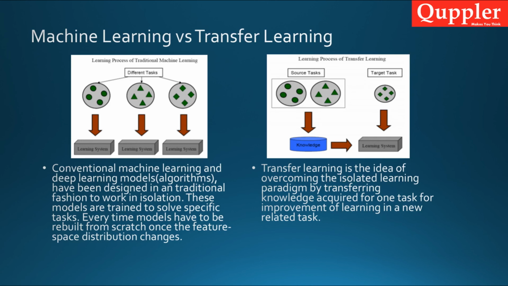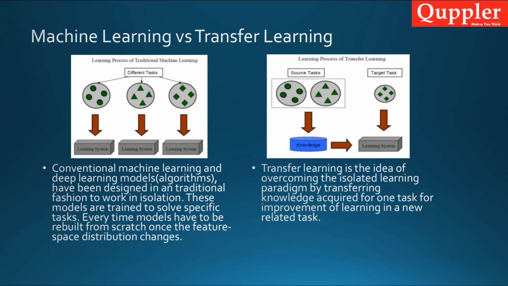How is machine learning different from transfer learning? Machine learning and all the previous algorithms were designed in a traditional fashion to work in isolation. These models are trained to solve specific tasks, and every time you need to add a new domain you need to rebuild and train from scratch, which consumes lots of time.